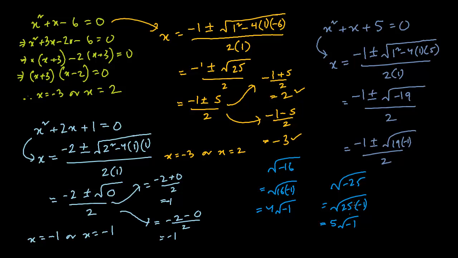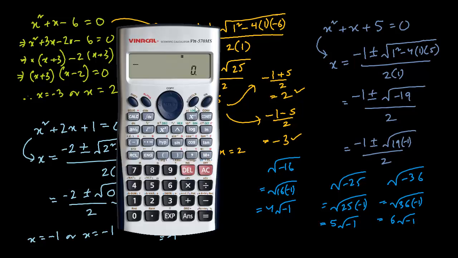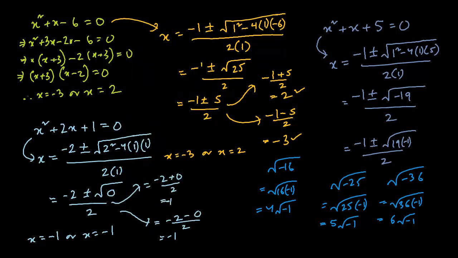We don't know what to do with it. Now if you have square root of minus 36, same thing, this would be square root of 36 times square root of minus 1, which is 6 square root of minus 1. We don't know what that is. So the problem is basically with square root of minus 1. If you do square root of minus 1, we get a math error.